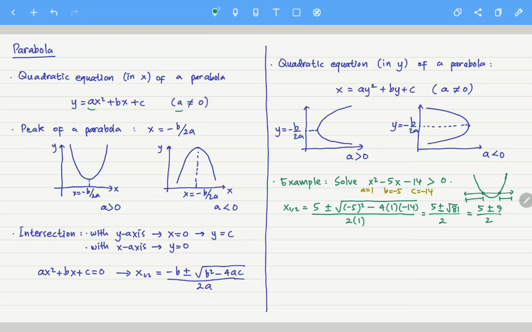So we can obtain x1, we use the plus sign, so 5 plus 9 over 2, this is equal to 7. And then x2, we use minus, 5 minus 9 over 2, this is equal to minus 2.